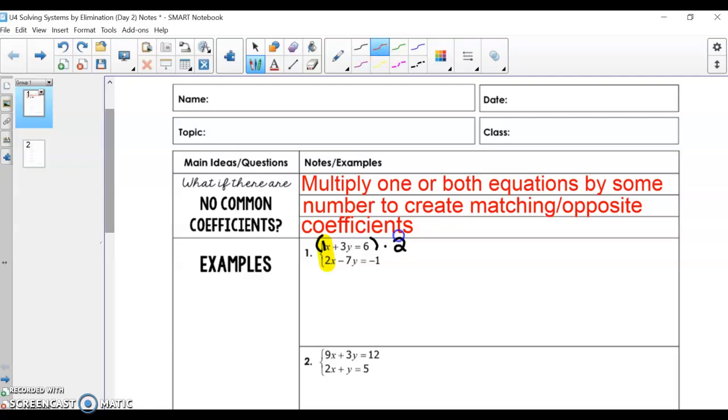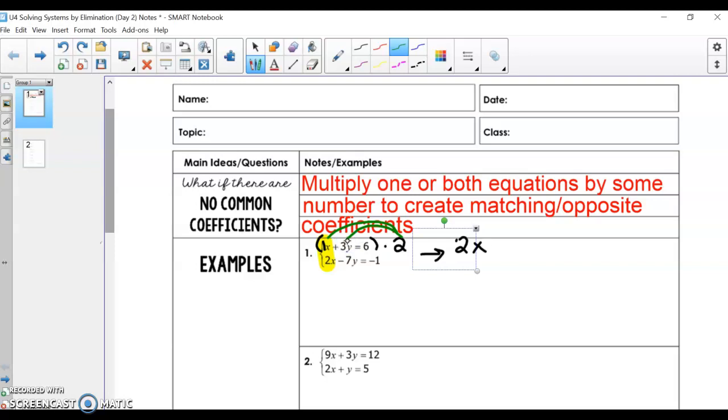So I'm going to take this 2 and distribute it to the 1. When I do 2 times 1x, it gives me 2x. You want to distribute whatever you're multiplying by to everything in the parentheses.